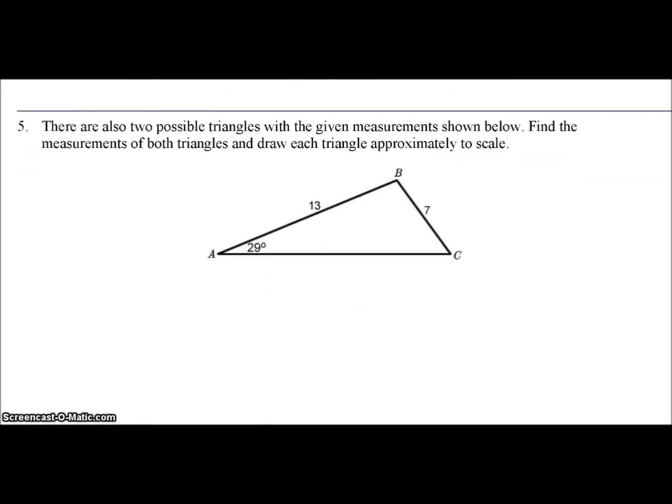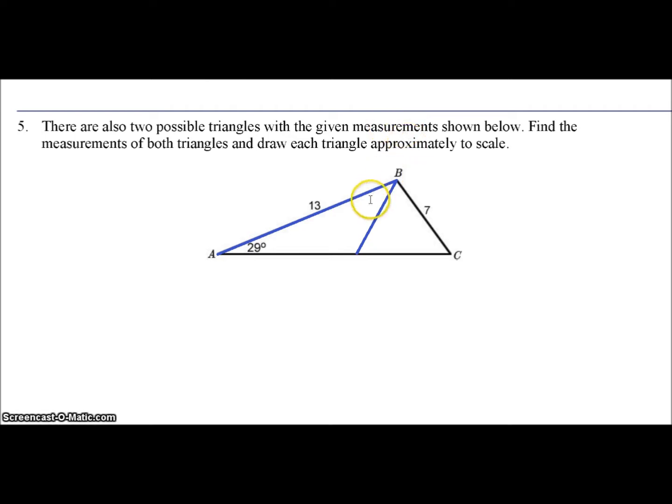There are two possible triangles with the given measurements shown below. Find the measurements of both triangles and draw each triangle approximately to scale. Let's see. So let's try it like this. Imagine that we have another triangle with this same length AB here, but instead of the 7 side length coming down this way, it goes this way.